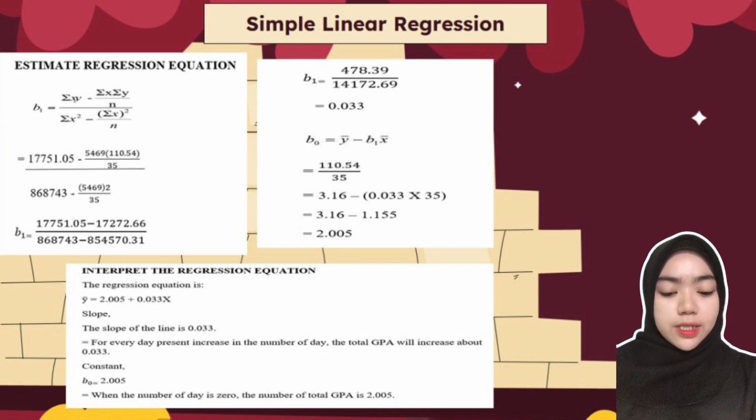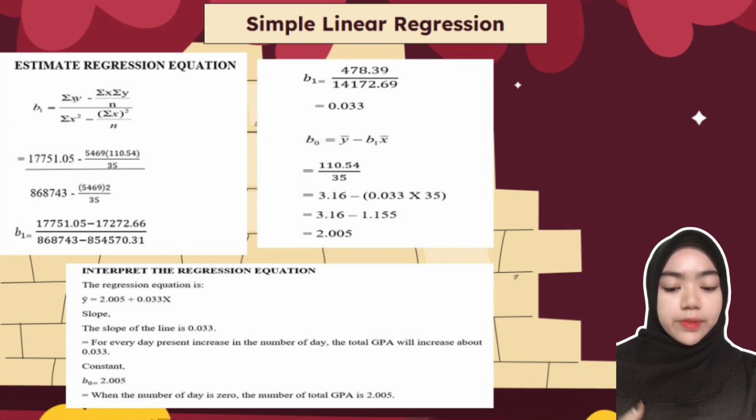For the slope of the line, it is 0.033. For every day present increase in the number of days, the GPA will increase by about 0.033.